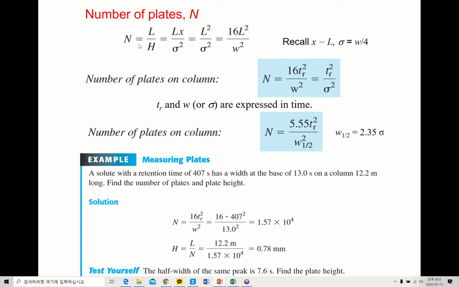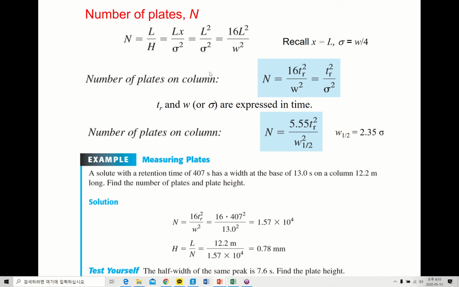Number of plates equals L squared divided by sigma squared, and here 16 times L squared divided by W squared.